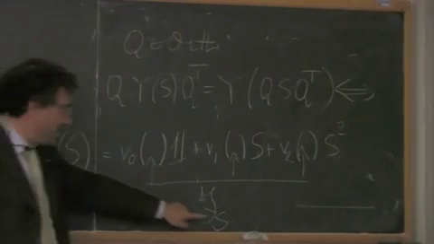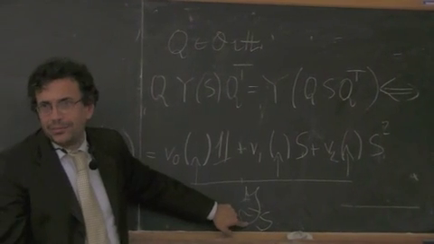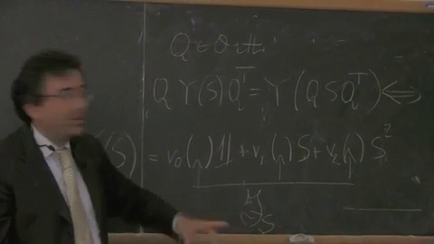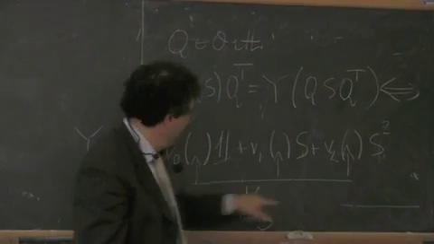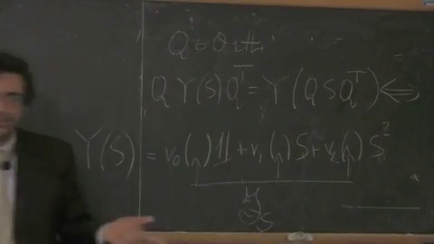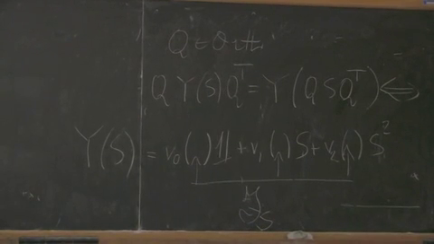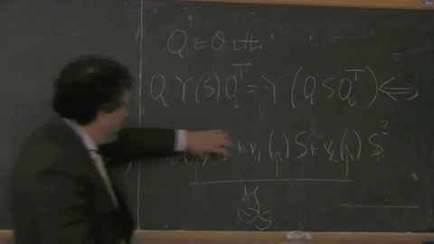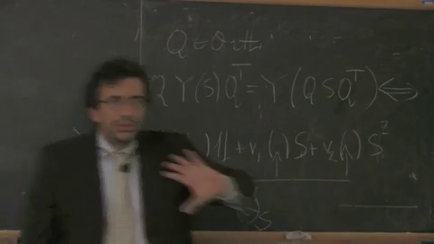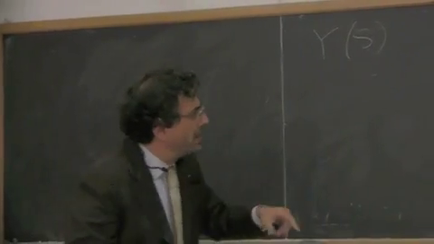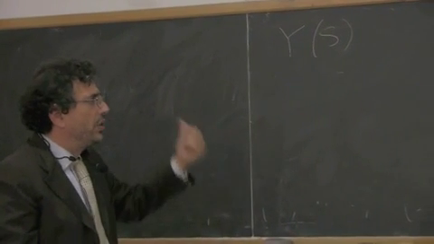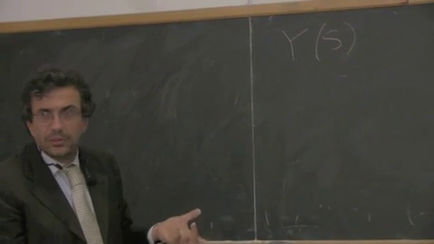The invariants are invariant. So when you consider Q S Q transposed, these invariants are the same. So V0, V1 and V2 are left unchanged when you replace S with Q S Q transposed.